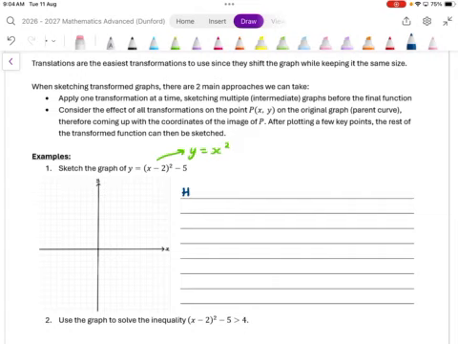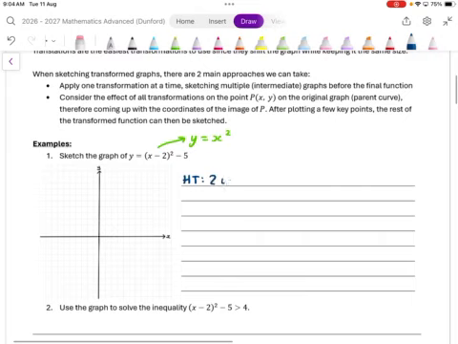We have our horizontal translation, we're just going to call it HT. And what have we done? We've moved 2 units to the right. And then we have our vertical translation as well, 5 units down.